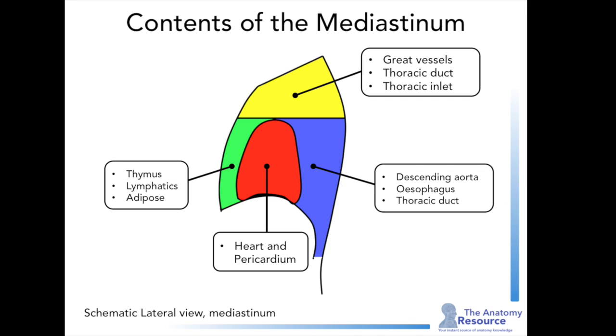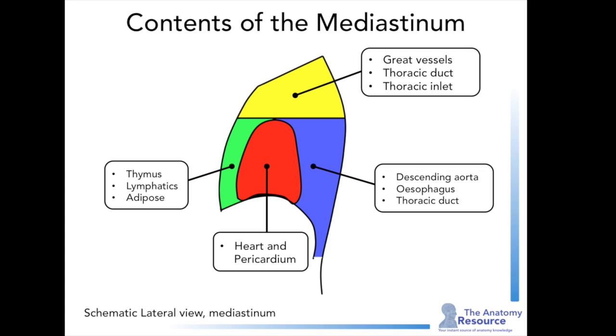Now they are also found, which is not shown on this image and it should be, in the superior region of the mediastinum. Now there is a junction between the superior mediastinum and the rest known as the angle of Louis.